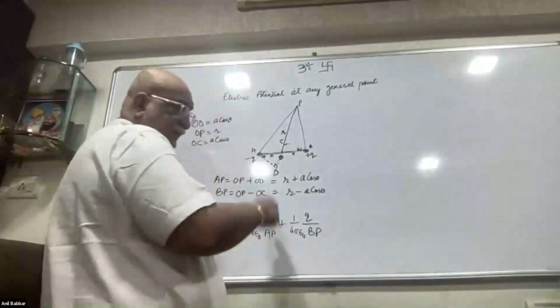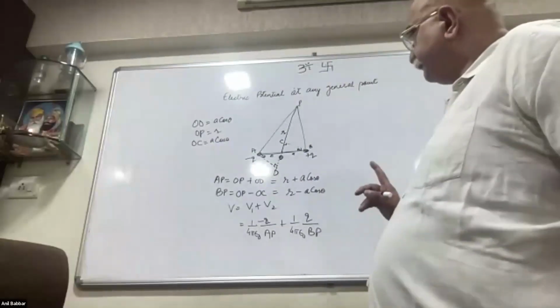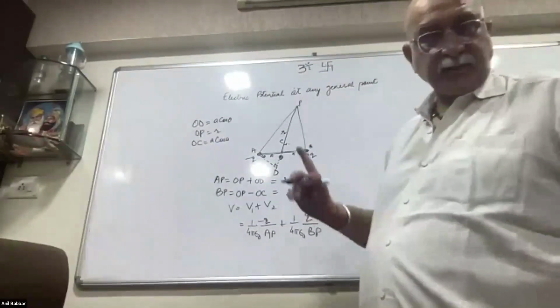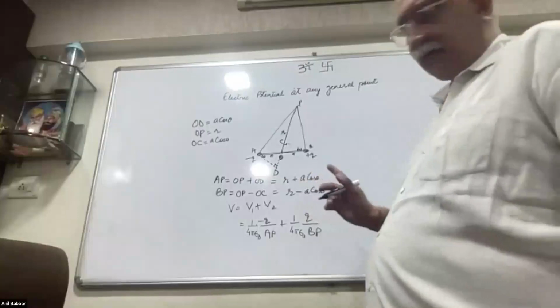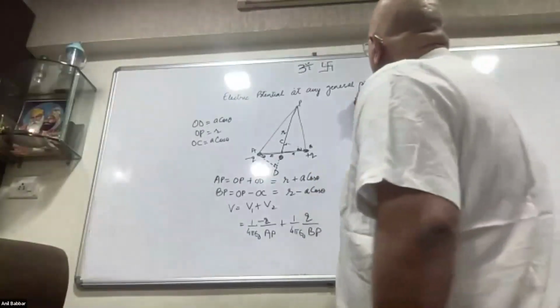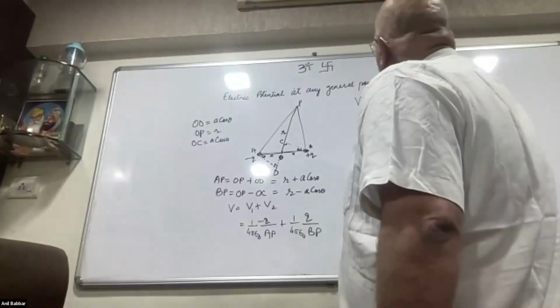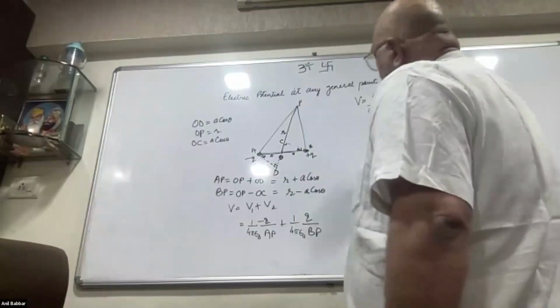Right? Now we'll substitute the values. Fine. The value will be V is equal to, let's take Q common upon 4 pi epsilon naught.